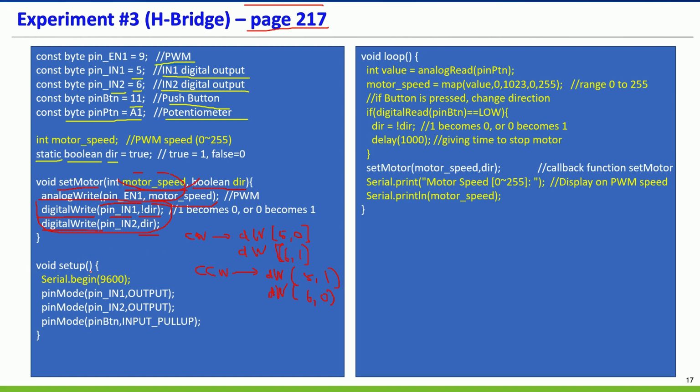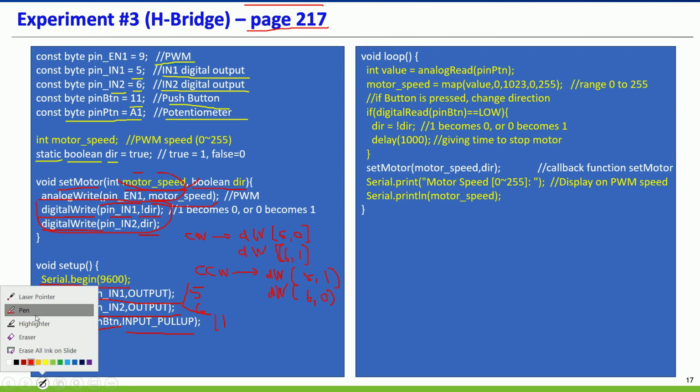Okay, in void setup, you set serial communication, and this one for input pin 5 and pin 6, for input 1 and input 2. And then for button pin 11 you set the internal pull-up resistor.